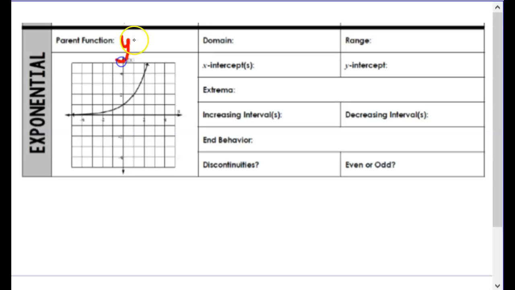So this is y equals b to the x or e to the x. This is exponential, and it is like the inverse of a natural log, not common log. Sorry.